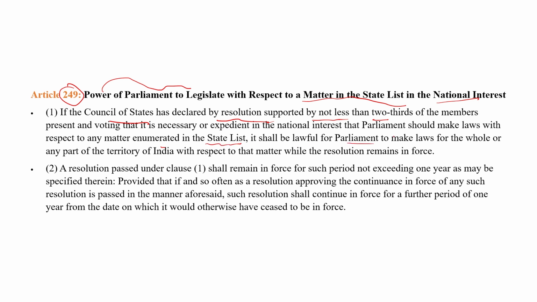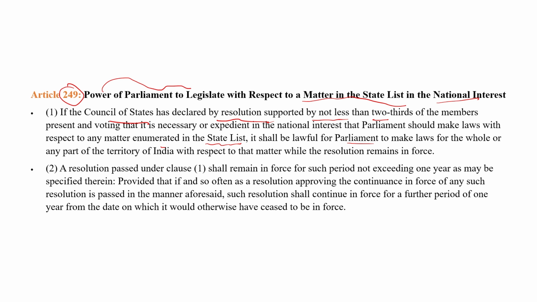Okay. So it is saying that if there is a topic on which only the state government has power, meaning the topic is mentioned under the state list, for that topic only the state can make law. But the Constitution also provides the power to Parliament that if it is in the national interest, Parliament can also make law for the state list topic.